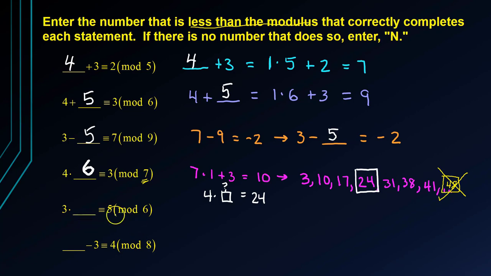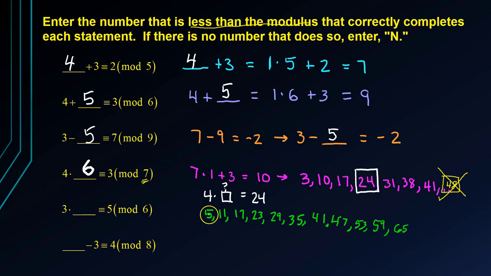For the next one, 3 times blank is congruent to 5 mod 6. Again, I'm going to make a list of numbers that are congruent to 5 in modulus 6. So 5, 11, 17, 23, 29, 35, 41, 47, 53, 59, and 65. All of these are a result of that.